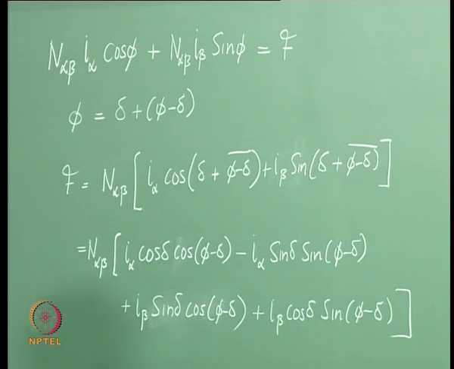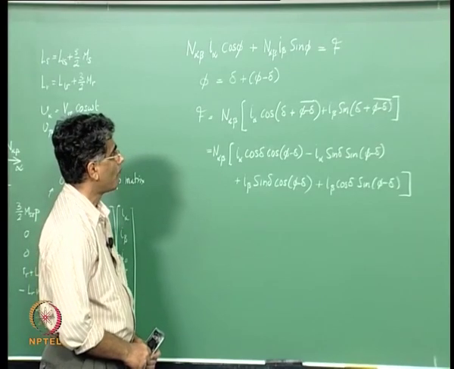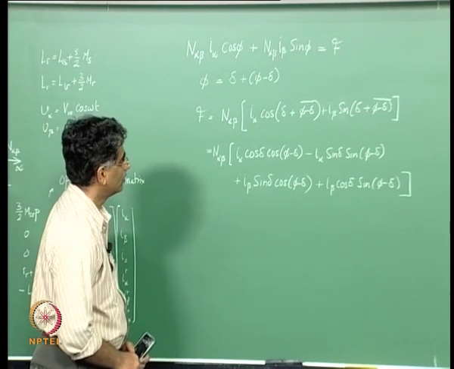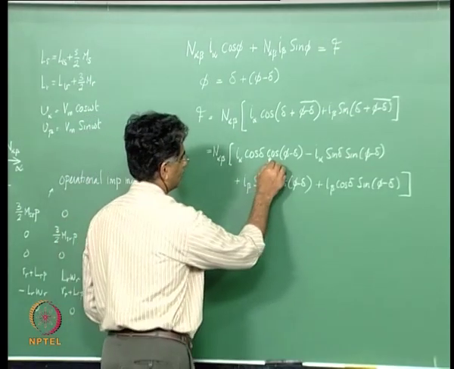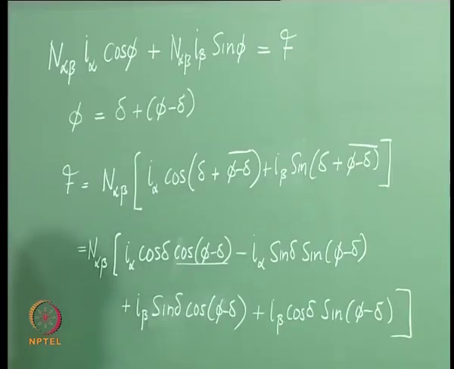And what we can do in this is group the terms. We will group all terms that are having cos phi minus delta; cos phi minus delta is here, and cos phi minus delta is here.